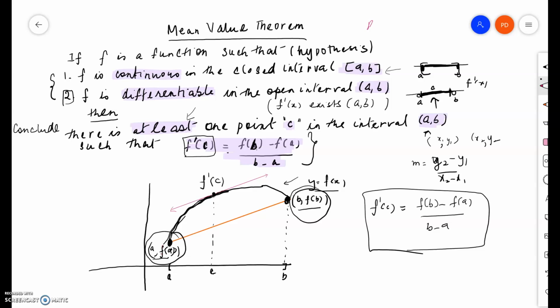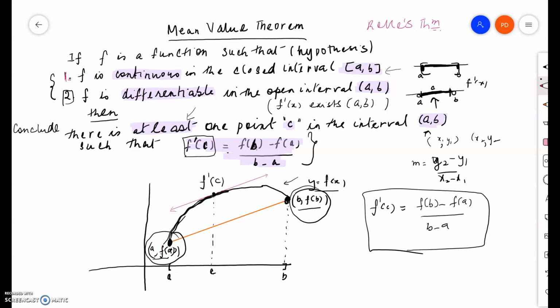Now Rolle's theorem is just a special case of the mean value theorem. So in Rolle's theorem, f is a function that satisfies not two but three conditions. So there is an additional condition.